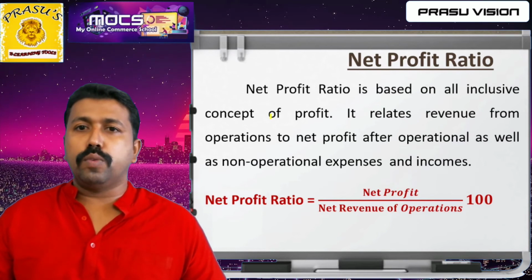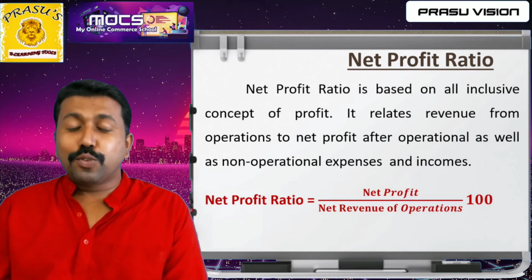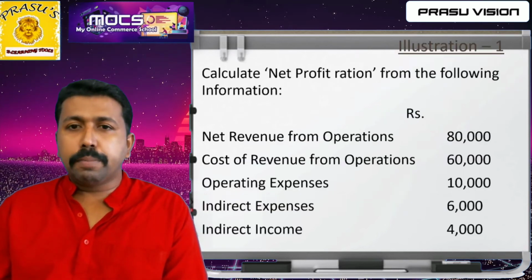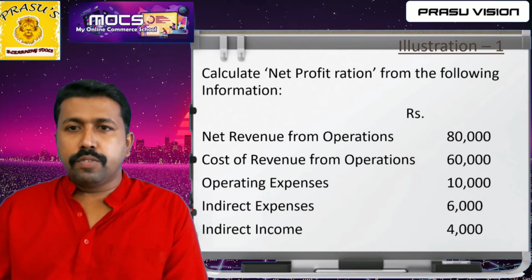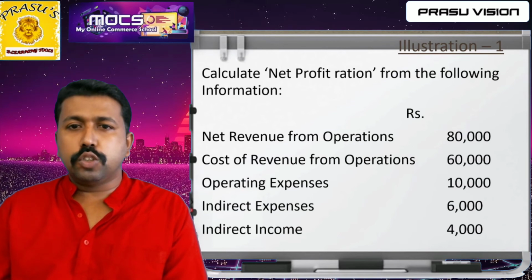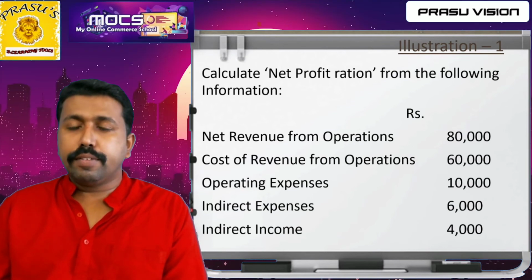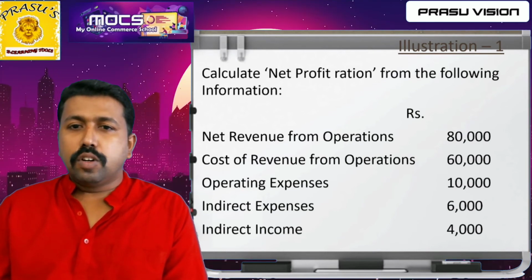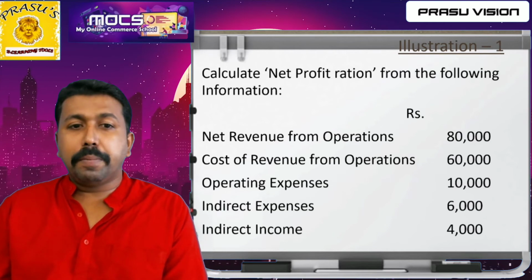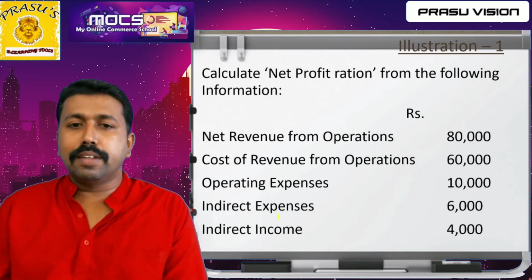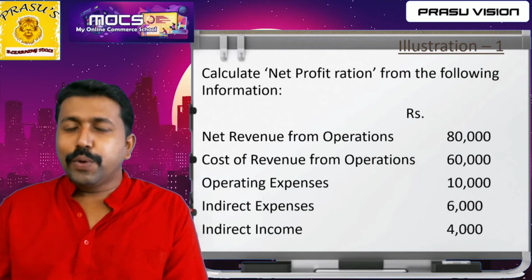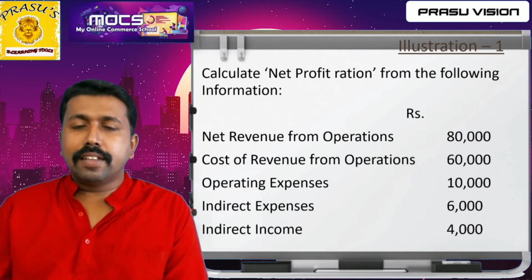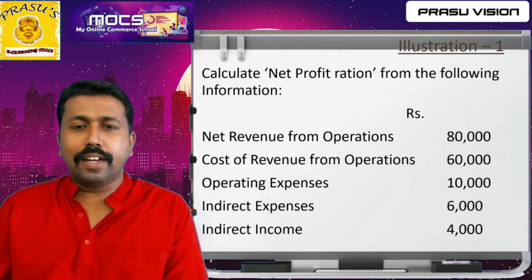We are going to solve one problem. So my dear students, we are moving to a problem to learn the concept of net profit ratio. From this information we have to calculate the net profit ratio. The amounts of net revenue from operation is there, cost of revenue from operation is there, operating expense amount is given, indirect expense and indirect income amounts are there. And you know, net profit is calculated using the profit and loss account.